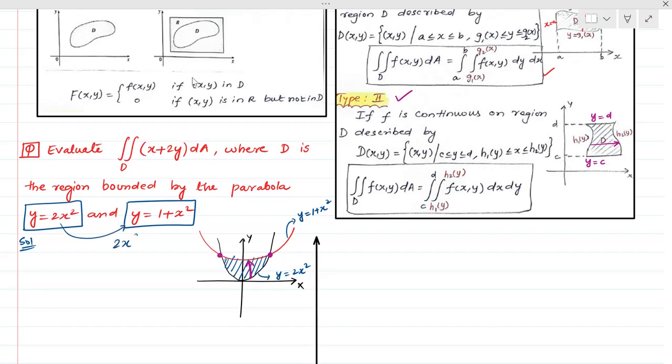So what happened? It is 2x square equals 1 plus x square. Now if you move it to the other side, it becomes 2x square minus x square equals 1. x square is equal to 1. If you take the square root, it becomes plus or minus 1. When I substitute x equals 1, what happens to the y value?